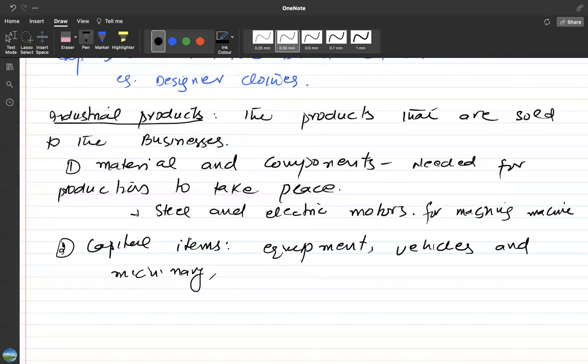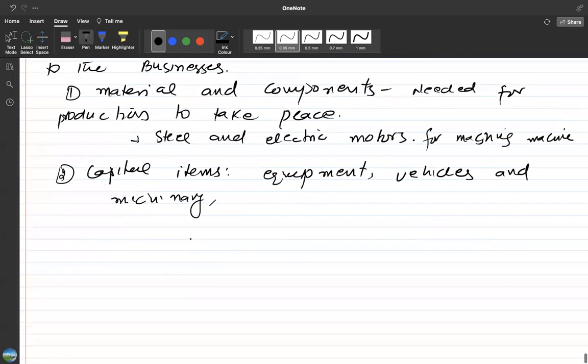They might include IT systems, industrial buildings, or plant and machinery inside the factory.